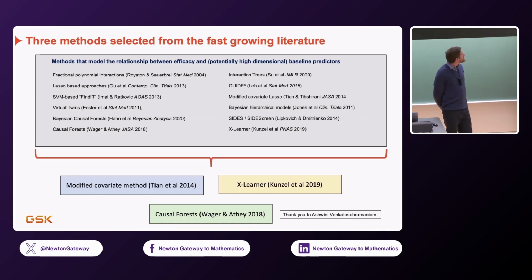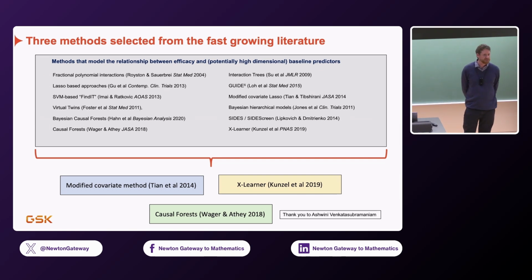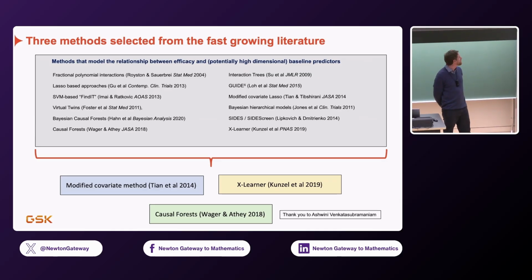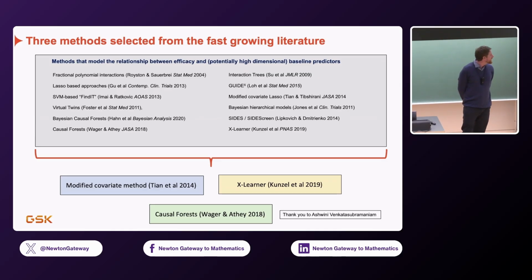But at the time we did this, we decided to bucket approaches into these three groups. So each of these three methods is selected to represent a broader class of approach, and that would be sparse regression type approaches, the modified covariate method.